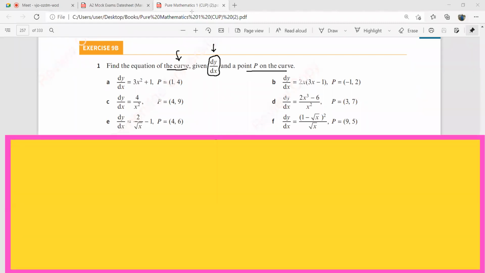Okay. So 1f. In this 1f, we have dy by dx, that is (1 minus under root x) whole square over under root x, and we're given the point P, which is there on the curve.